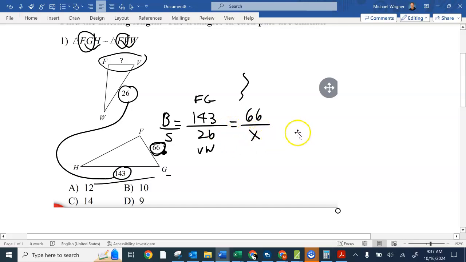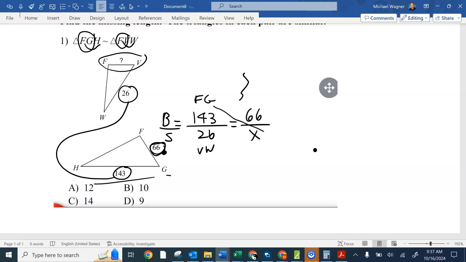Here you've got to remember cross multiplication. Whenever you've got an X and one fraction equaling the other, you can cross multiply, meaning you can take X times 143 equals that. So 143X equals 66 times 26. Then you can multiply it out.